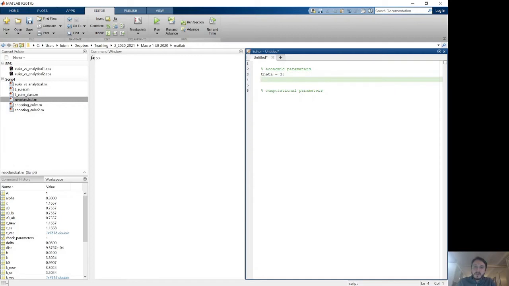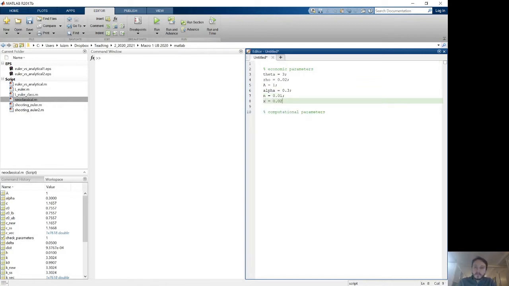Let me write some values here. Theta is equal to 3, rho is equal to 0.02, A is equal to 1, alpha is equal to 0.3, n is equal to 0.1, x is equal to this, and delta is 0.05.